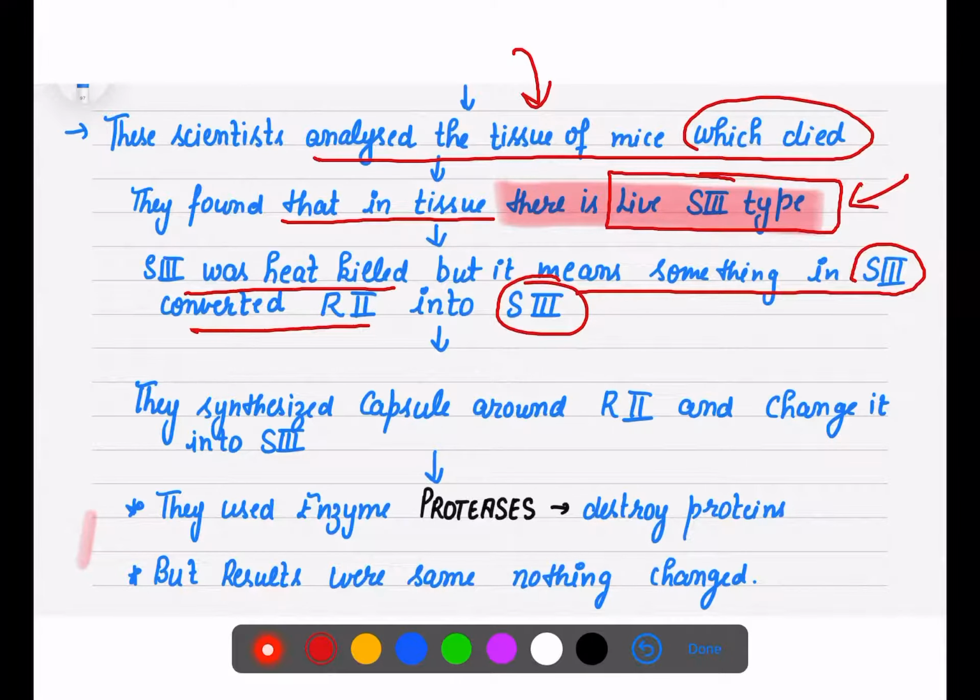So they synthesized a capsule around R2, because R2 was without a capsule.